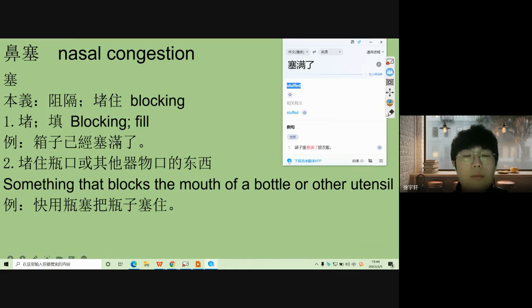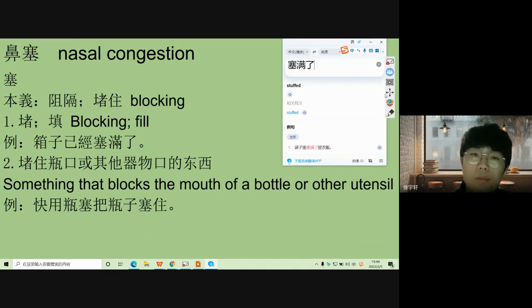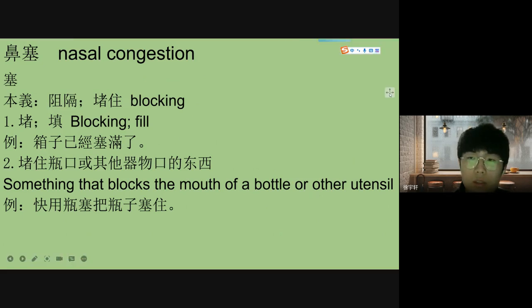满 here means full, and when a suitcase is full, we use this word: it is stuffed. The second meaning is a noun. It's something that blocks the mouth of a bottle.